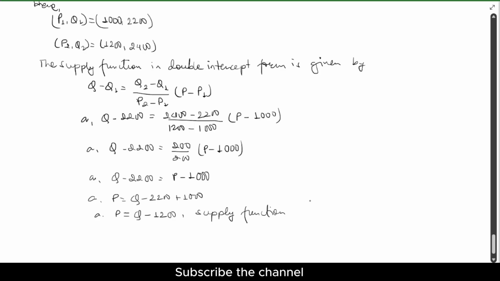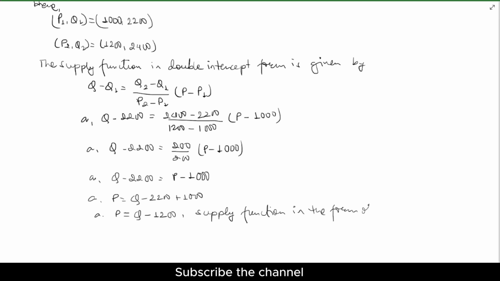This is the supply function in the form of P as a function of Q.